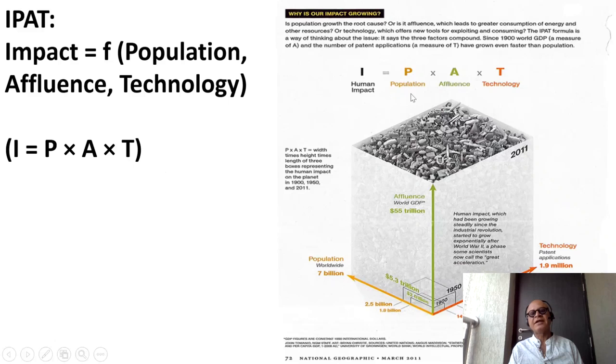Population has been used as a flag to say population is causing all these problems, but there are many articles like this from National Geographic which look at the impact of technology, population, and affluence, and try to argue that if you look at per capita consumption, then the top 10% are emitting almost 50% of the greenhouse gases associated with luxury consumptions.